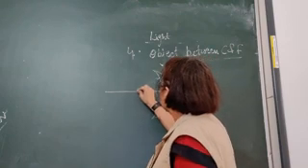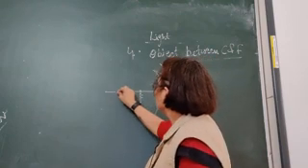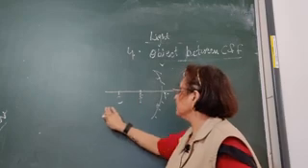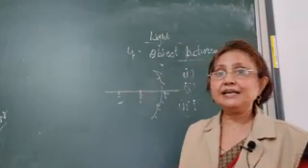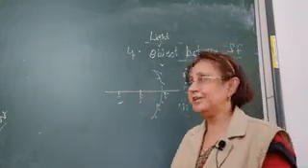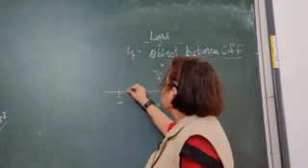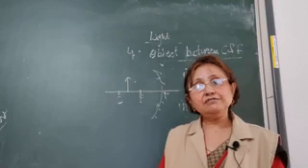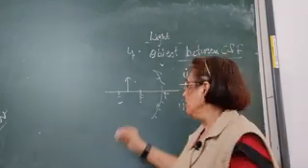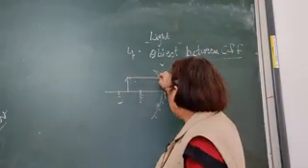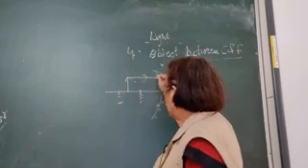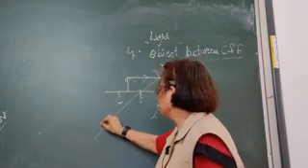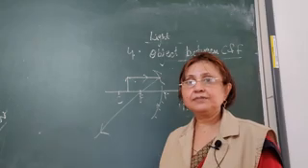This is the principal axis. Focus, center of curvature. You have to draw the figure in such a way that F is the midpoint of P and C. Now place the object between focus and center of curvature. Again, we'll consider two incident rays. The first incident ray is parallel to the principal axis, and we know that after reflection it passes through the focus.